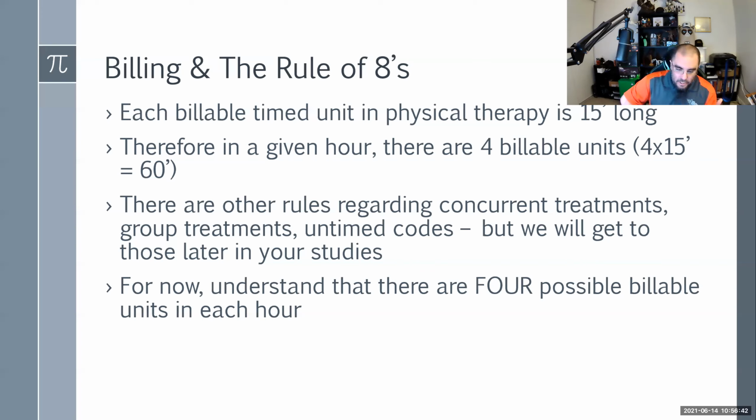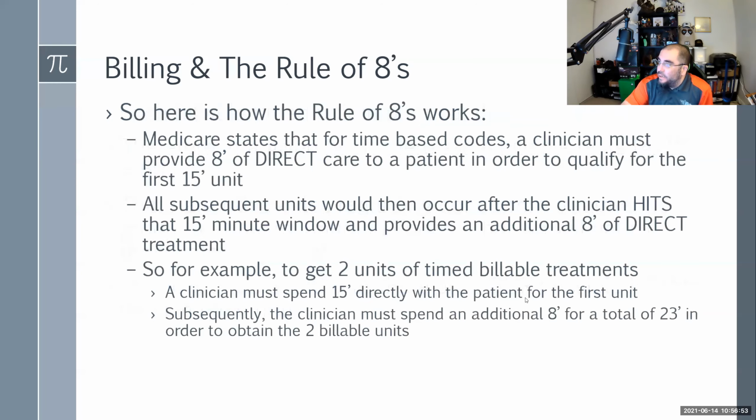So we understand the first unit of the day can be either 8 minutes or a full 15 minutes. In order to hit 2 units, what this billing says is you have to fulfill your very first full 15-minute period and then complete another 8 minutes for a total of 23 minutes.